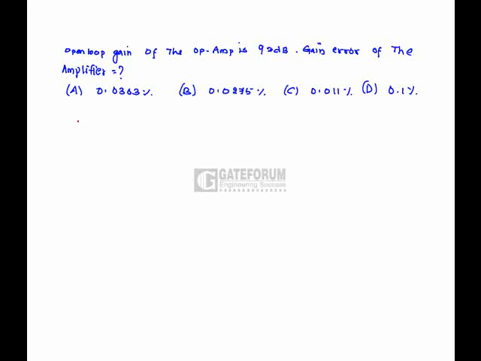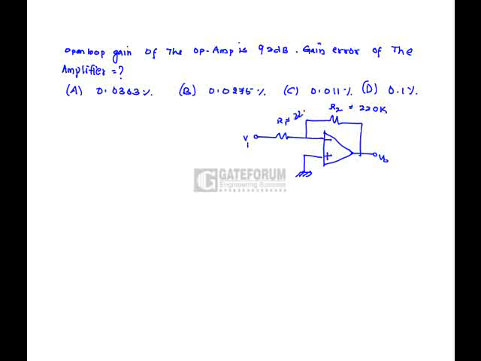Loop gain of the op amp is 92 dB. The gain error of the amplifier is, here the amplifier given is, okay.